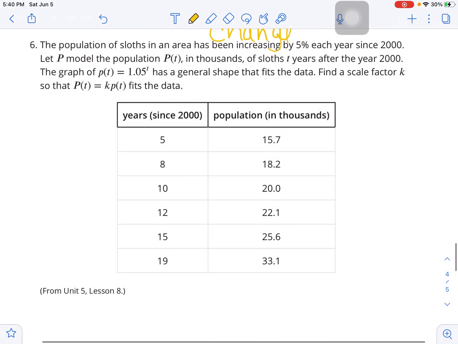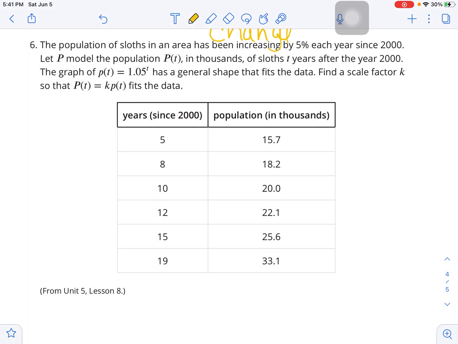Number 6, the population of sloths in an area has been increasing by 5% each year since 2000. Let P model the population P of T in thousands of sloths T years after the year 2000. The graph of P of T equal to 1.05 to the T has a general shape that fits the data. Find a scale factor K so that capital P of T is equal to K times P of T fits the data.